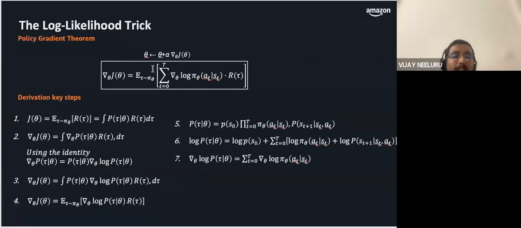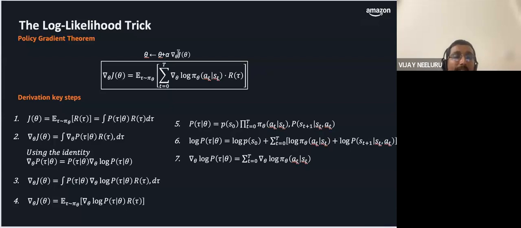To train the policy network, the key requirement is the derivative of the expected return, which is defined as J of theta. Once you have the gradient of J of theta, the model parameters can be updated as given below.